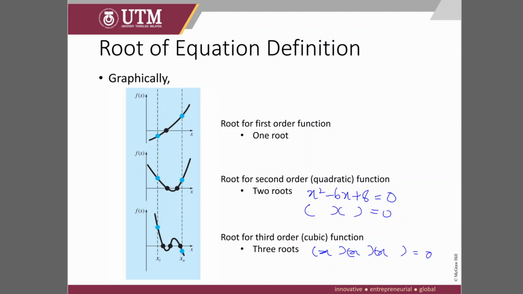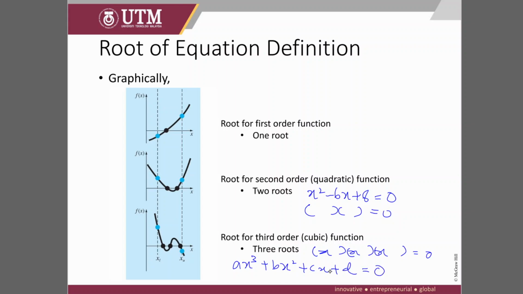Let's look at this equation. We know the order is determined by the highest power. In this function, the highest power is 2, while this one has ax cubed plus bx squared plus cx plus d equal to 0.